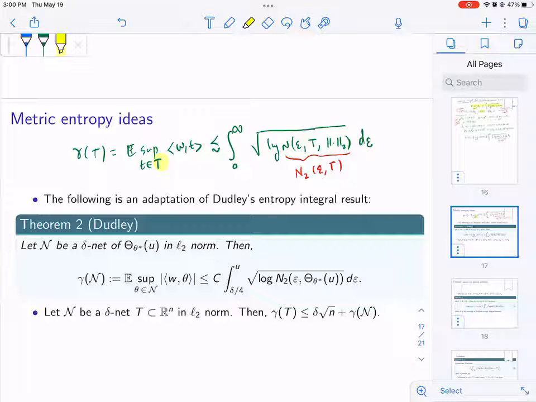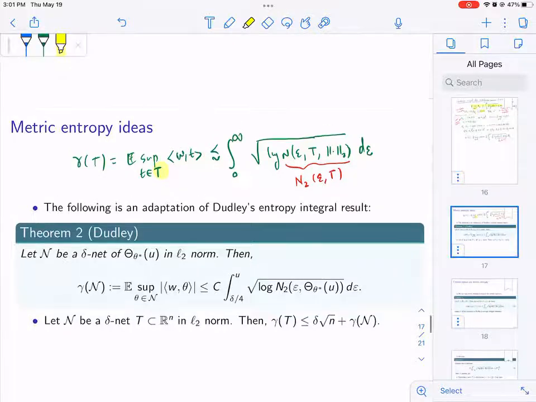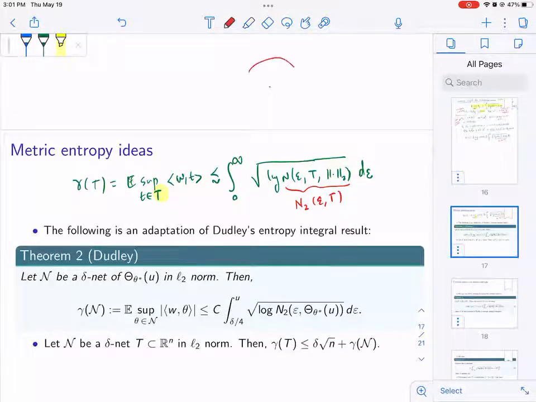Can you argue why you don't necessarily have to go all the way to infinity in general? Yeah, great. If this epsilon is bigger than the diameter of the set, you pick one point, and you can cover everything by a single ball.